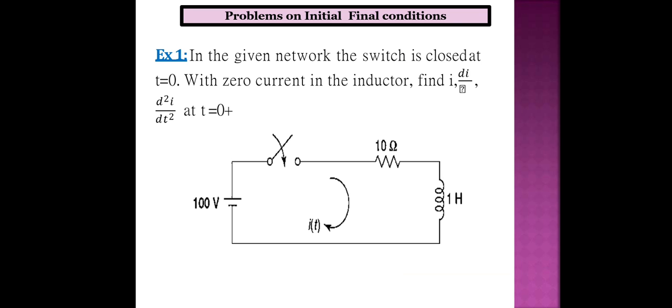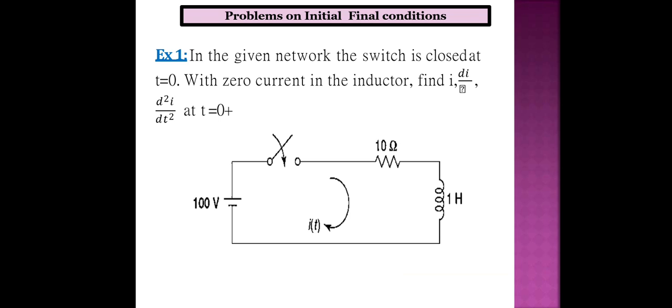These are the conditions we are observing, and we are going to do some initial value and final value conditions. In the given network, the switch is closed at t equal to 0 with zero current in the inductor.